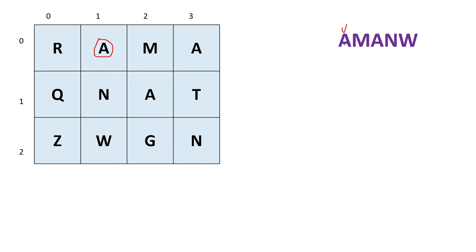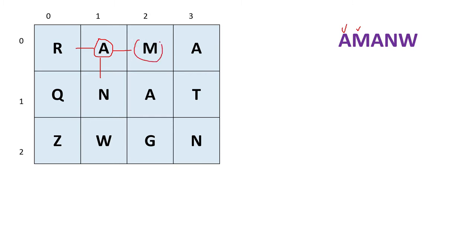Now A we got. Now we have to search for M. From A we can go in 4 directions, but upwards the boundary is there. So we can go in 3 directions. Among these three, R and M are present, but we are searching for M. We got M here at the 0, 2 position.